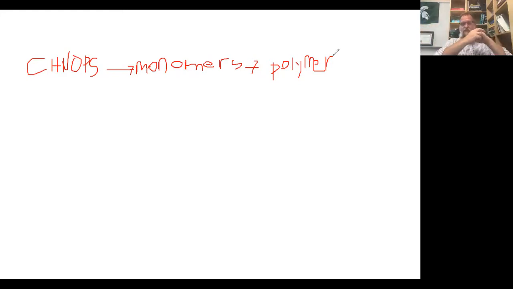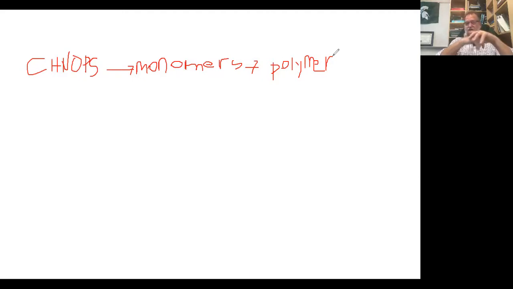So they cannot synthesize monomers into polymers. And non-living things cannot take polymers and break them back down into monomers, a process we typically call digestion. But you and I can, and it's one of the key things that makes us living.